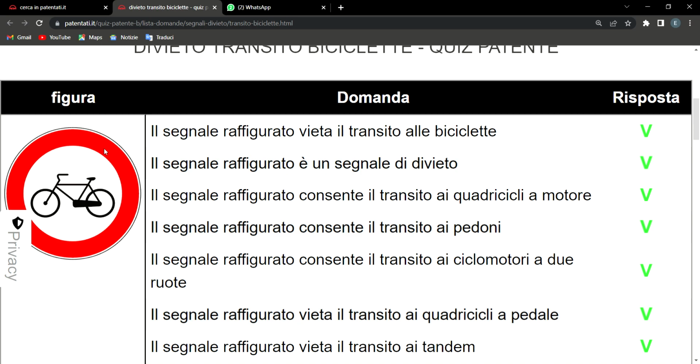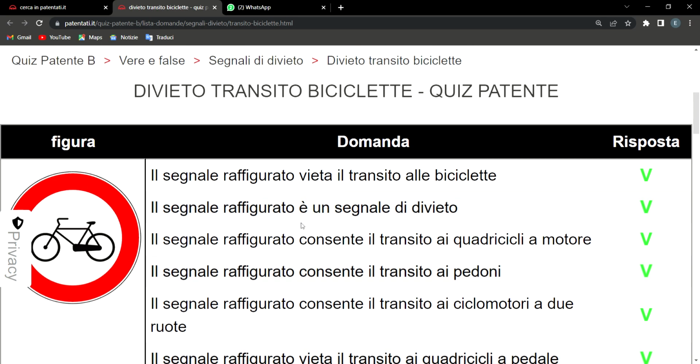Number two says, il segnale raffigurato è un segnale di divieto. È vero, because this very sign in Italian patente school is known as il segnale di divieto. You can see it here.